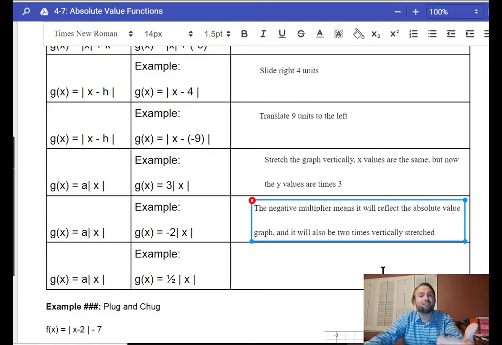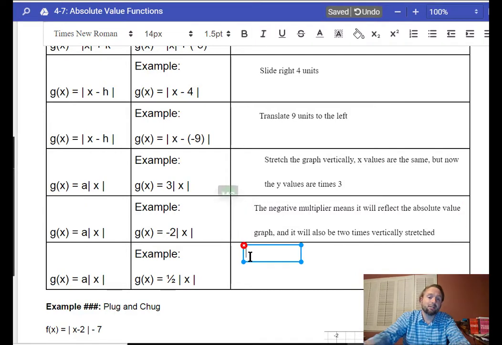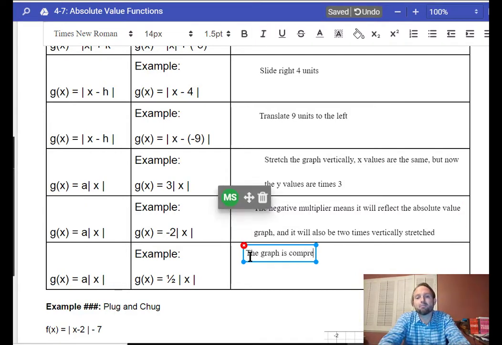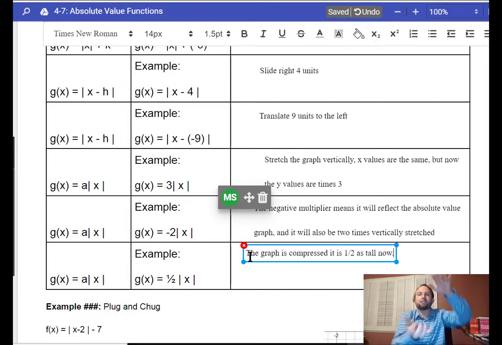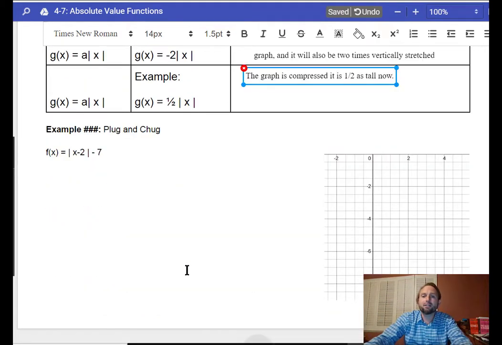Now, when it's a fraction, it's going to be compressed. The graph is compressed. It is half as tall now. So instead of being like 1, 1, 2, 2, 3, 3, 4, 4, it's now going to be 4, 2, half as tall now.